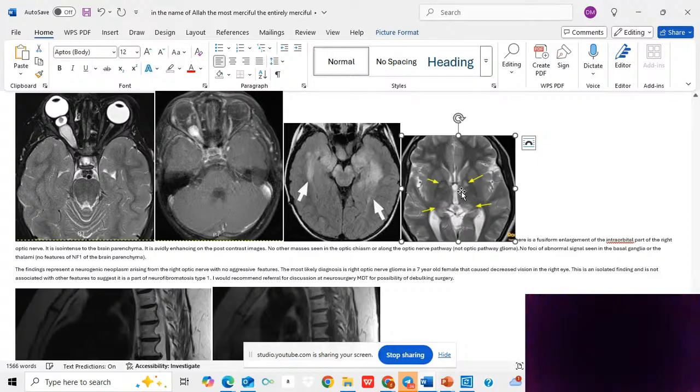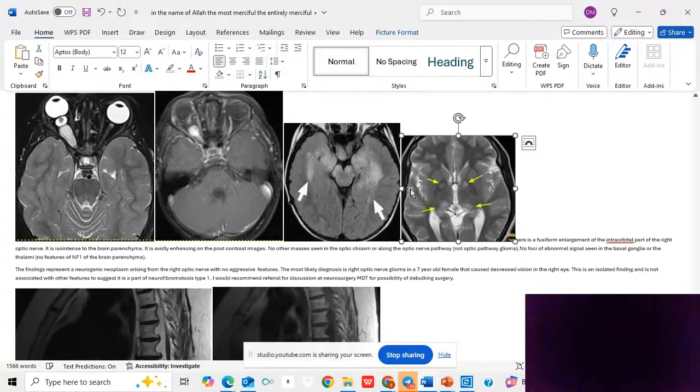Because in neurofibromatosis type 1, there are common lesions seen in the brain parenchyma. You can find sometimes foci of abnormal signal in the basal ganglia and in the thalami.